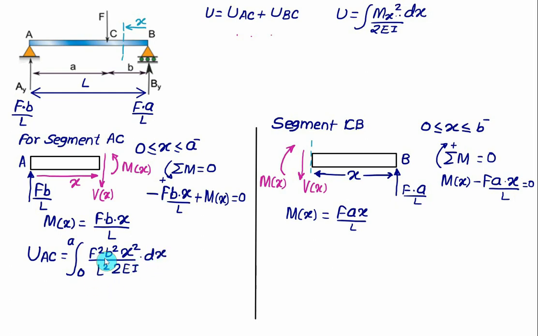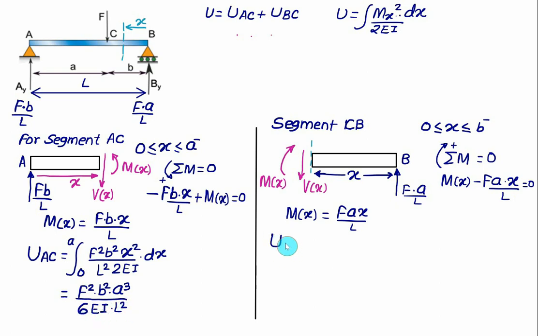Now F square b square by L square 2 EI is a constant term. Integral of x square is x cube by 3 and upper limit is a. So we'll get here F square into b square into a cube divided by 3 and 2 will be equal to 6 times EI multiplied by L square.